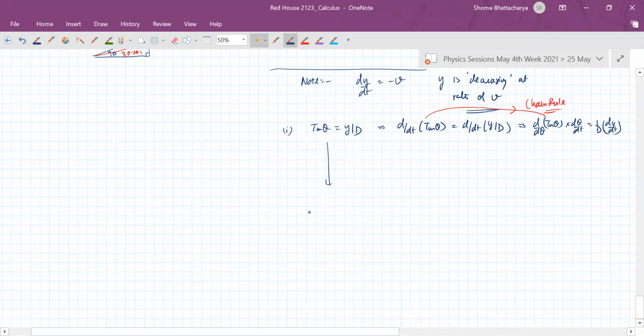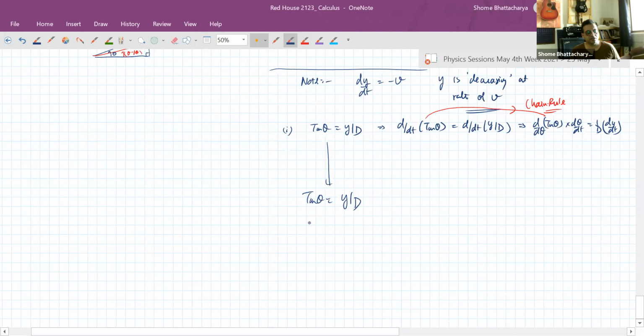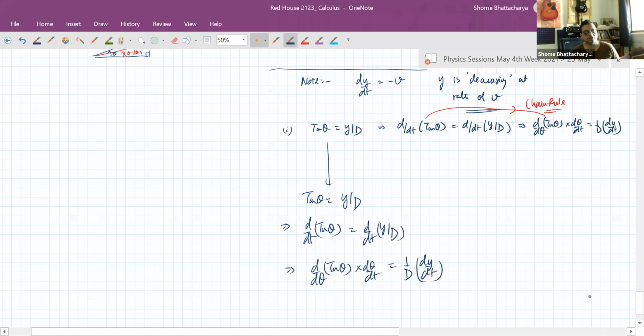So tan theta is y by D. Differentiation of tan theta with respect to time is this. Because capital D is a constant, we can just bring 1 by D outside.